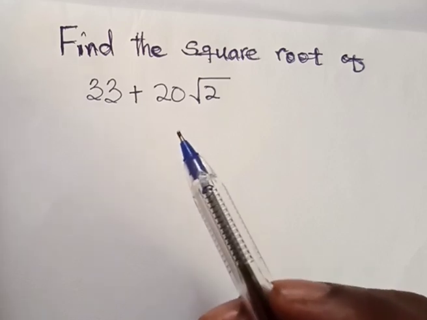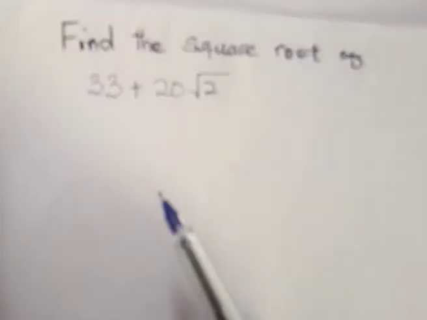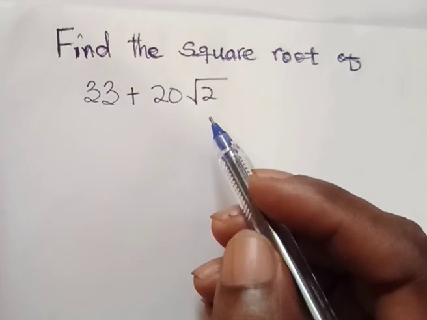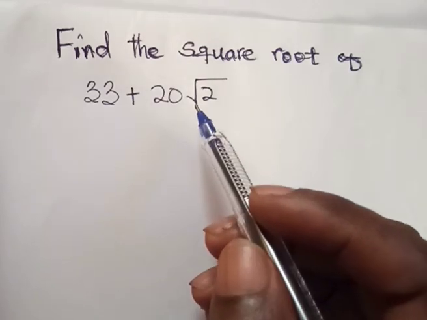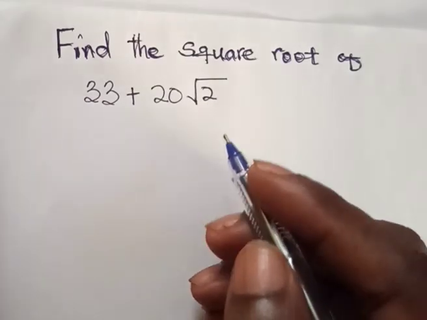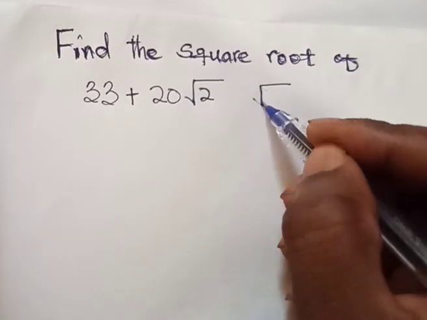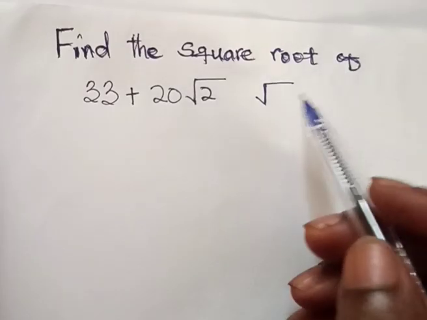So when you are asked to find the square root, what we do is, when we say square root, you know that this is the radical sign for square root.